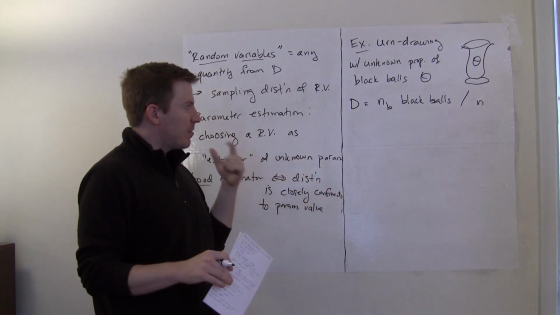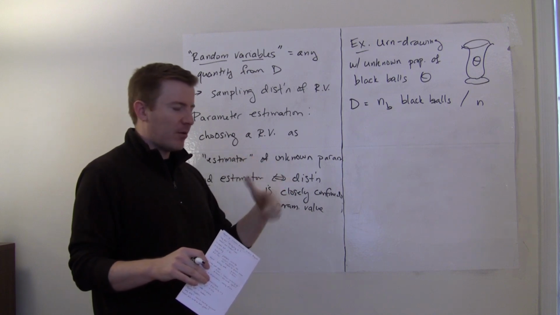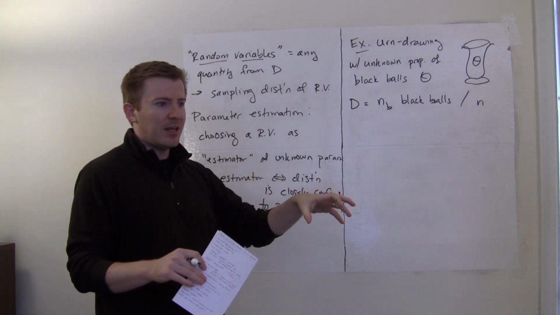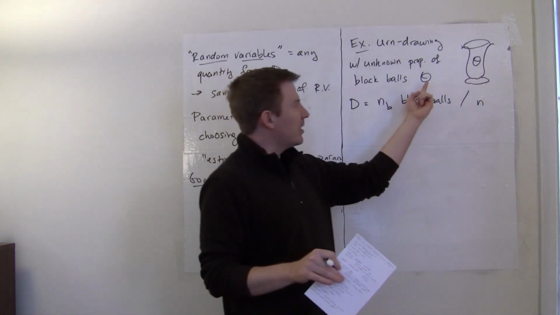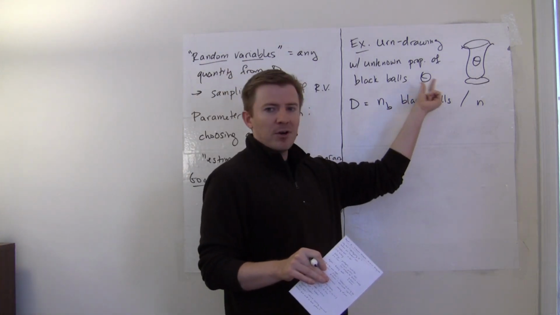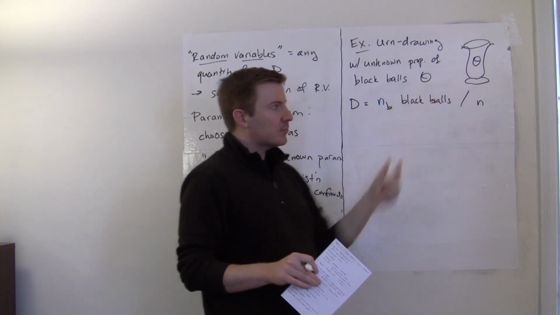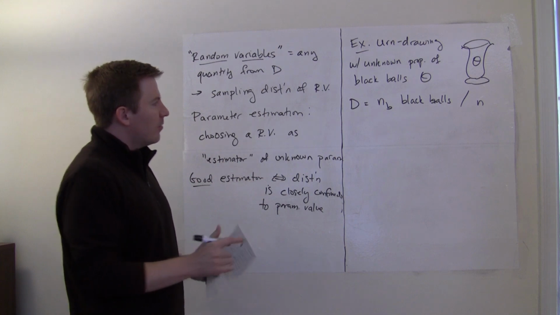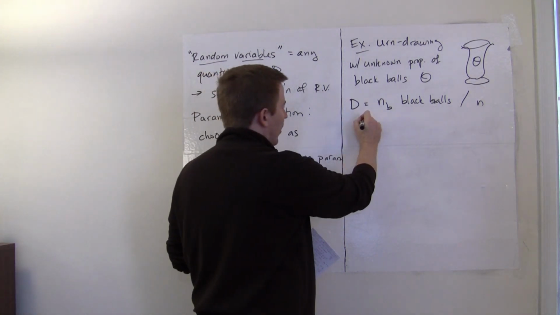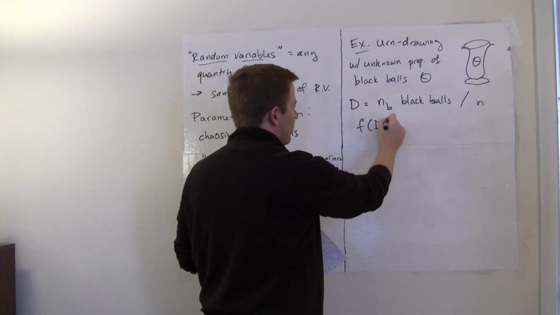So we have to think first of what our estimator or our statistic would be that we think might be narrowly confined to a small neighborhood around the true value of theta. In this case, I think it's relatively clear what our estimator is going to be.